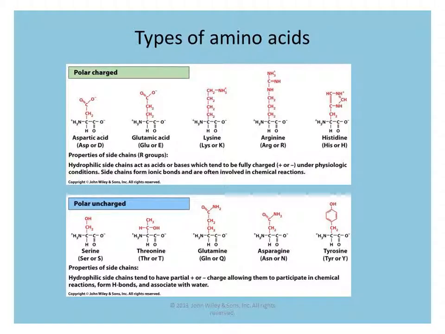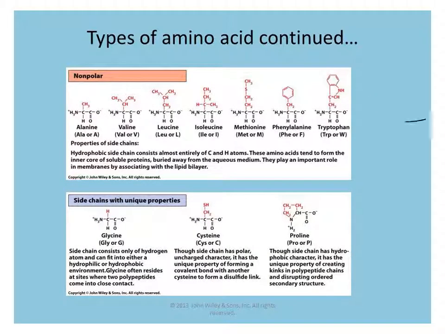The different types of amino acids that are naturally occurring, some of which are shown here. There's polar amino acids, which ultimately are going to have charged groups in that R group, which essentially will allow them to interact with water. Other amino acids have polar uncharged groups that will allow them also to interact more with water, so it makes them more hydrophilic.